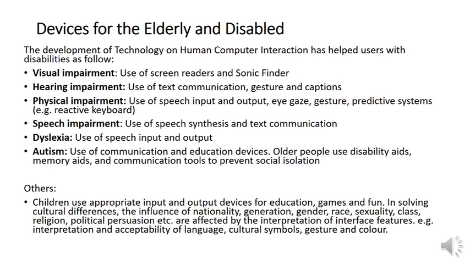Autism: use of communication and education devices. Older people use disability aids, memory aids, and communication tools to prevent social isolation. Then others, children use appropriate input and output devices for education, games, and fun.